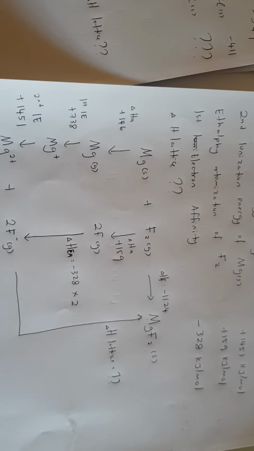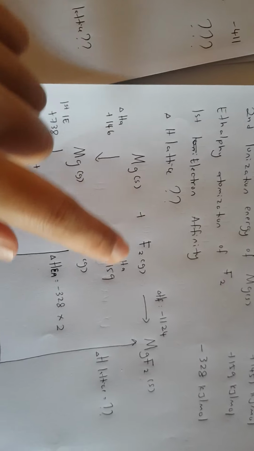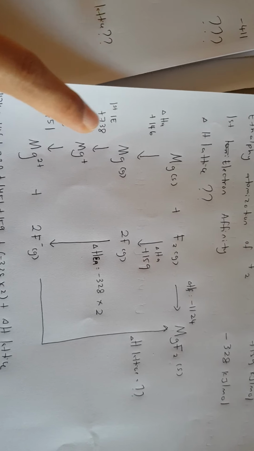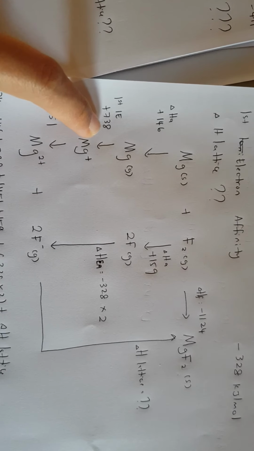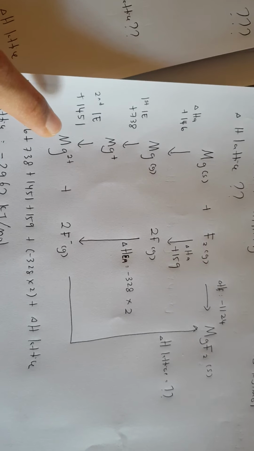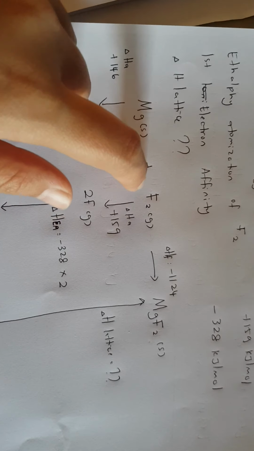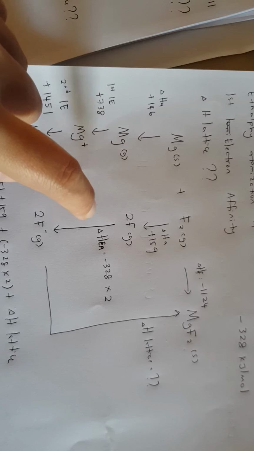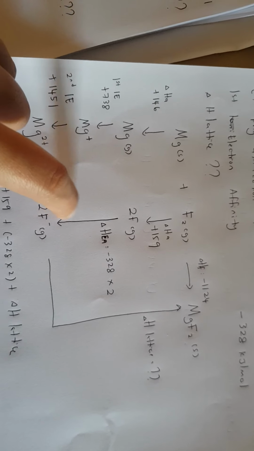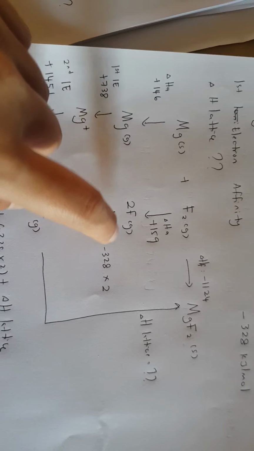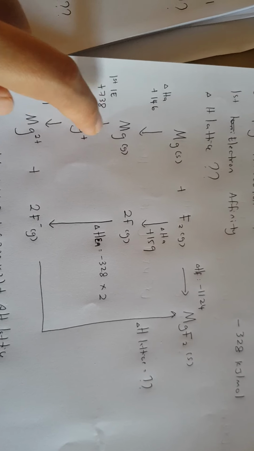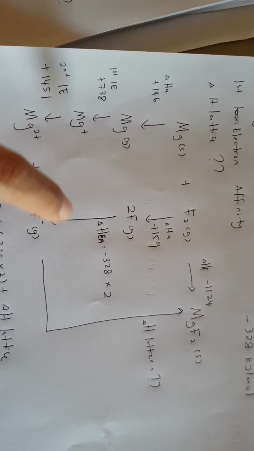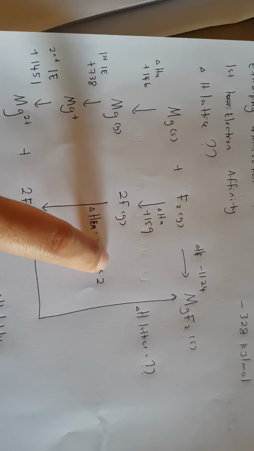So Mg undergoes atomization energy, first ionization energy, second ionization energy. This one, F2, undergoes atomization and undergoes electron affinity. You need to times 2 because if you realize here, we have 2 steps of ionization energy. So remember times 2.